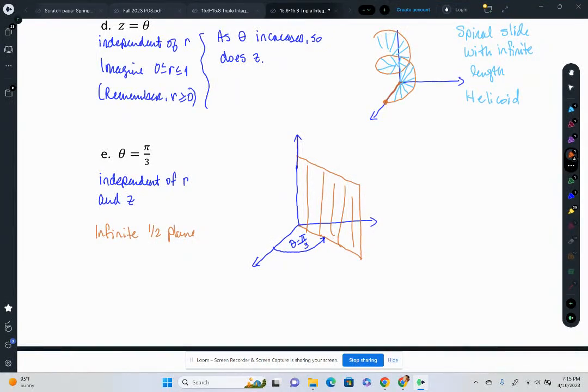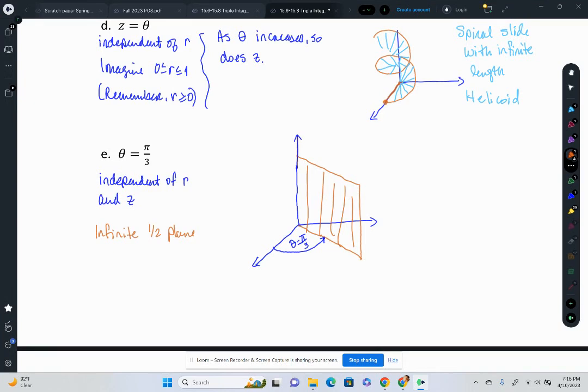Now I will admit that some people like to bicker about that one and say that this plane would extend into the third and seventh octants. But by definition, if your radial arm is only positive and your angle is pi thirds, then this can't extend beyond the z-axis. It can only come out through the first and fifth octants.